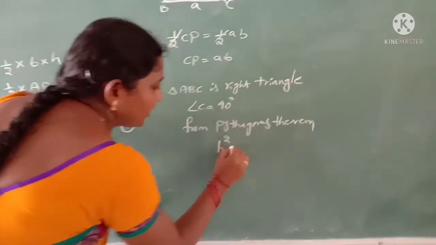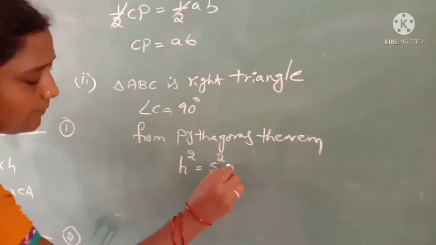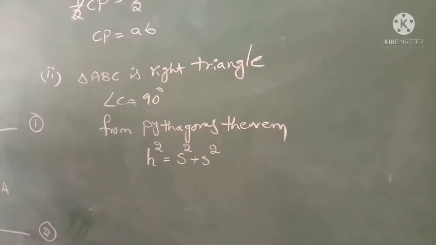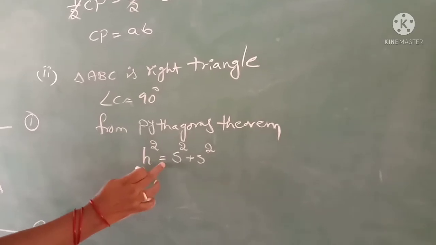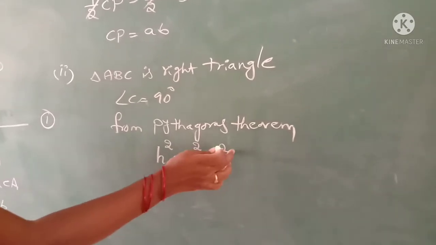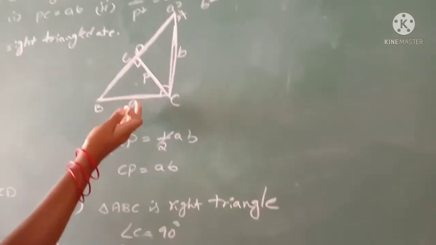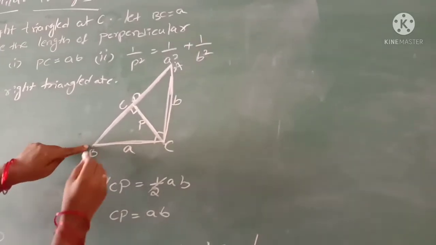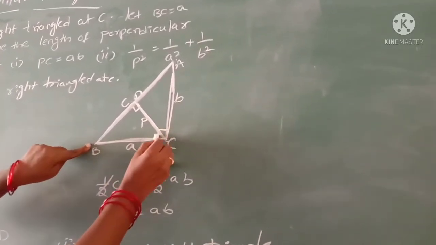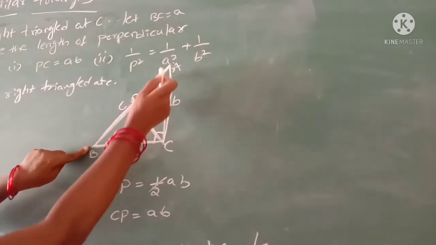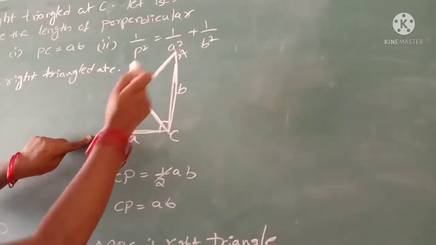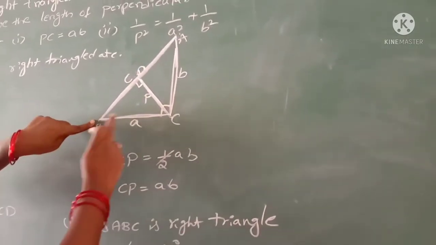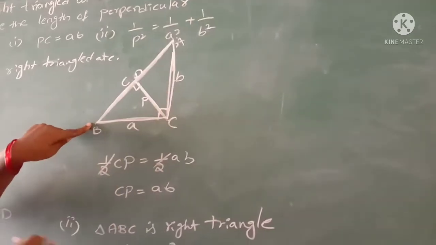Hypotenuse square equal to side square plus side square. In the figure, what is the hypotenuse? This is the right angle, so the opposite side is the hypotenuse. So AB is the hypotenuse and BC and CA are the other two sides.